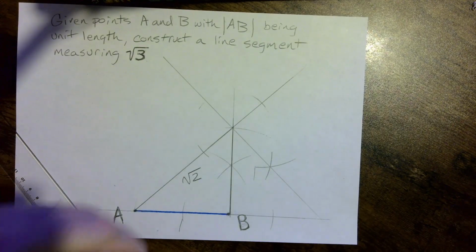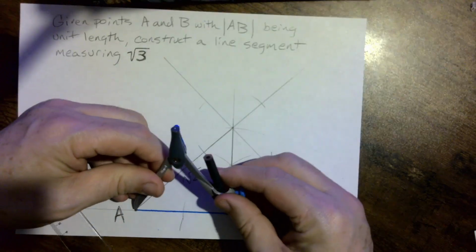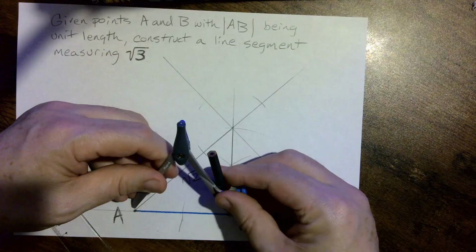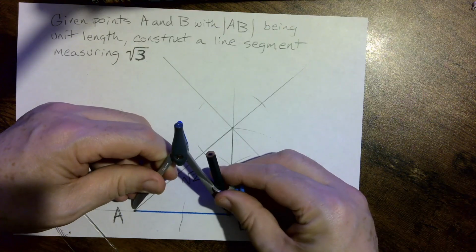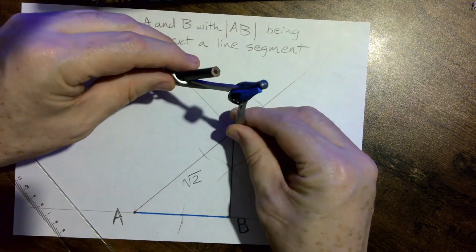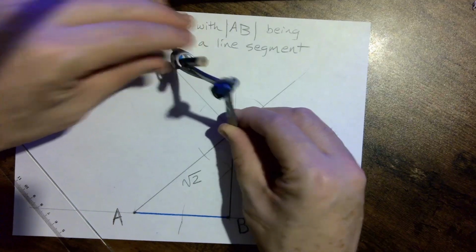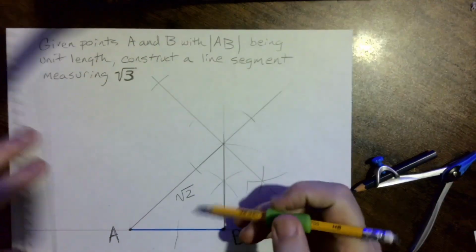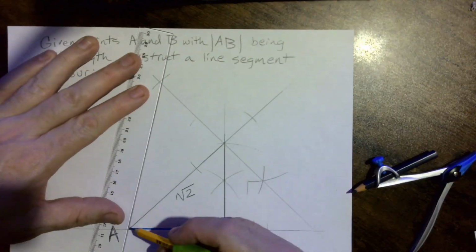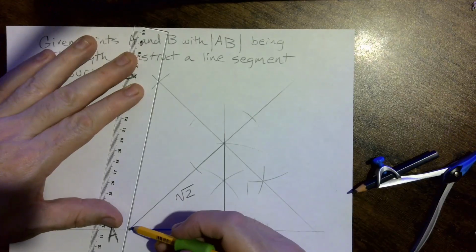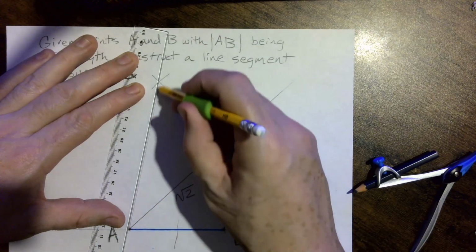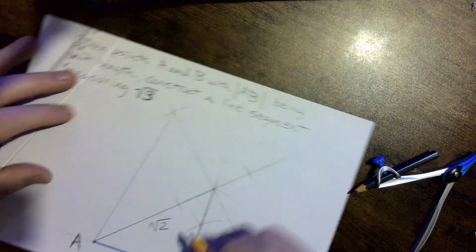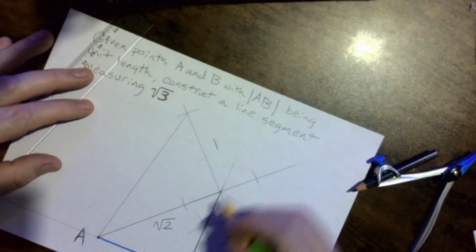Now let's again make side 1. I use the Pythagorean theorem again. So we'll mark this. Here's our length 1. Now we'll connect these 2 points here. This is 1. This is square root of 2.